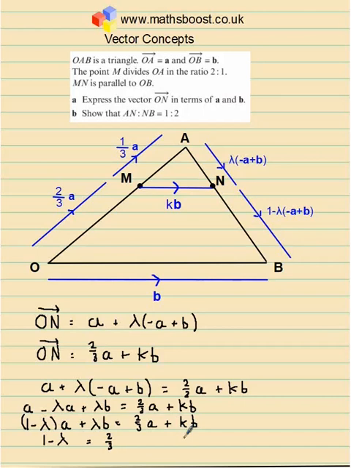So I'll subtract 2/3 from both sides and add lambda to both sides, giving me 1/3 is equal to lambda. And so we find that lambda is a third, and that does indeed split AB in the ratio 1:2.